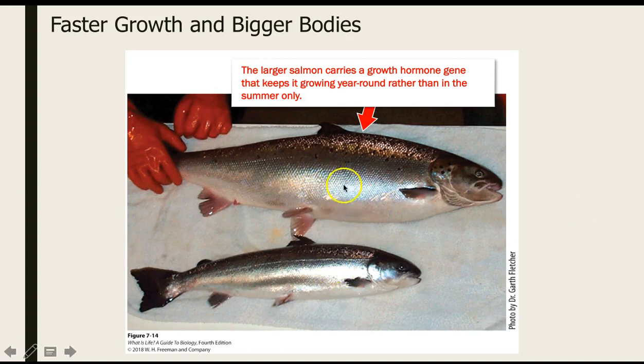These two fish are the same exact age, but this one keeps growing all year round, whereas this one only grows seasonally. So we get a bigger fish in a shorter amount of time. Is this somehow bad for you? Well, there are some concerns here, but most of them are about environmental safety. If these fish get out into the wild, they might outcompete the natural salmon, and that could really disrupt the ecosystem.